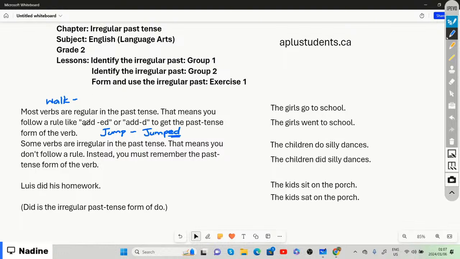But in the past tense, we just add an ed and we say I walked. So this is basically the regular past tense. You follow a rule by either adding ed or adding d to get the past tense form of the verb, and that is regular past tense.